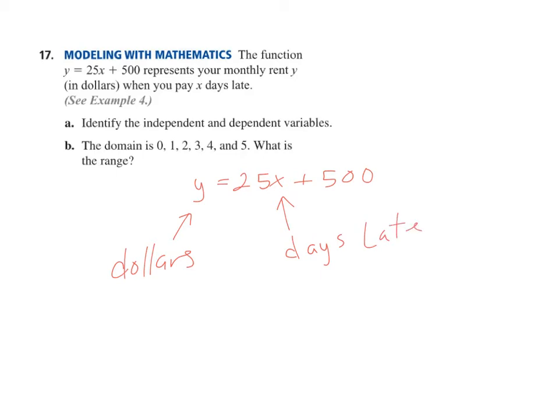Alright, so you want to pay your rent on time so you don't get the $25 penalty. We have to determine which one is the independent and which is the dependent. Well, if we look at the equation, this part is going to change and then it's going to affect the y, right? And because it's going to affect the y, y is your dependent. And that means that x is your independent.